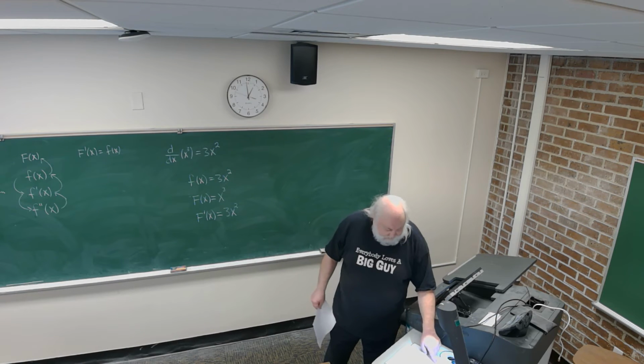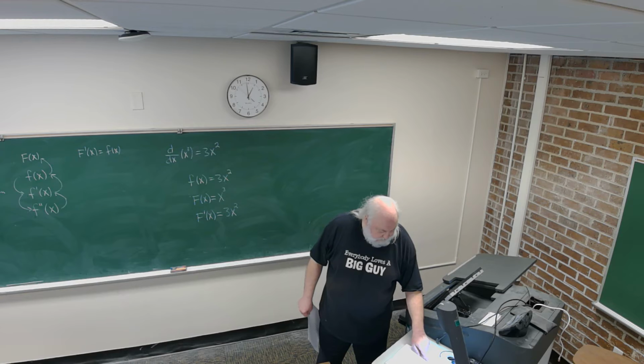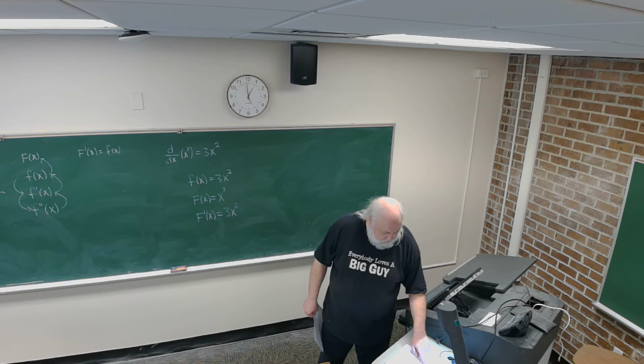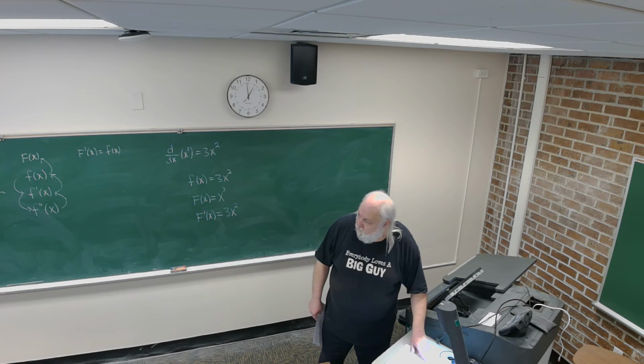That's kind of what the definition is saying. I demonstrate that here: if big F of x is equal to x cubed, then big F prime of x is equal to 3x squared, by the rules of differentiation, by the power rule.